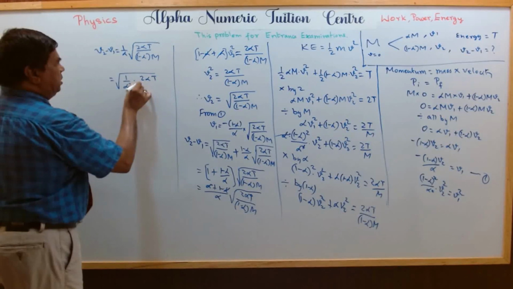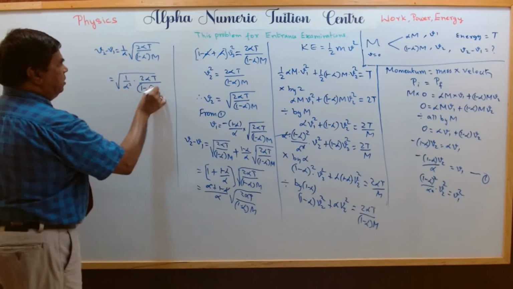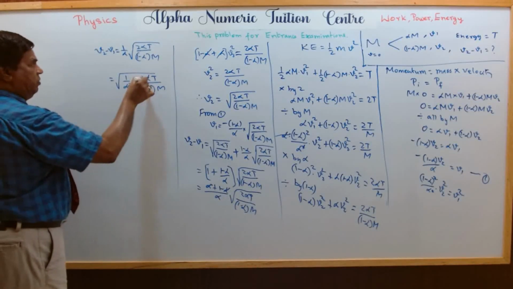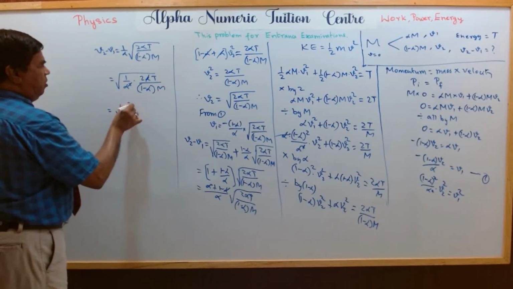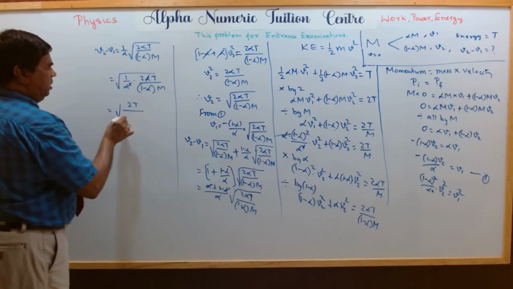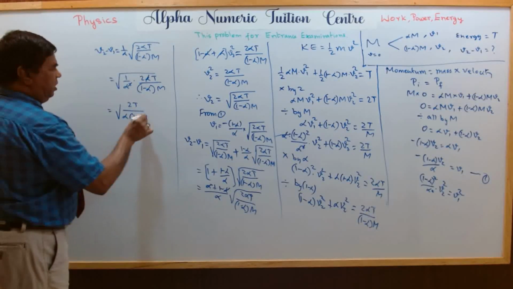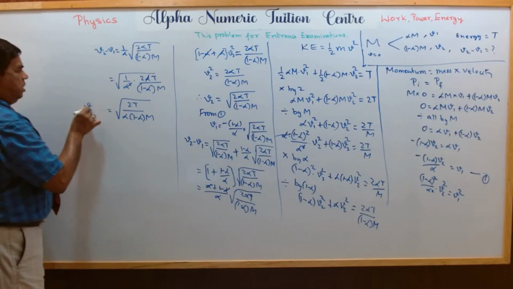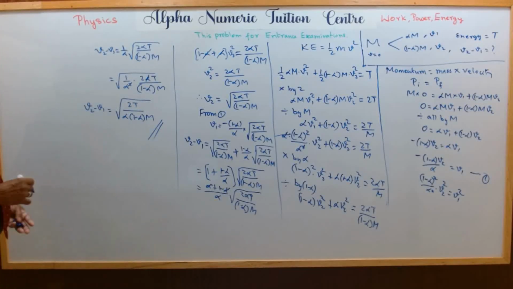So the remaining terms are 2 alpha t divided by (1 minus alpha) into m. So for this alpha squared, one alpha will go. Therefore, square root of 2t divided by alpha into (1 minus alpha) m. This is the relative velocity.